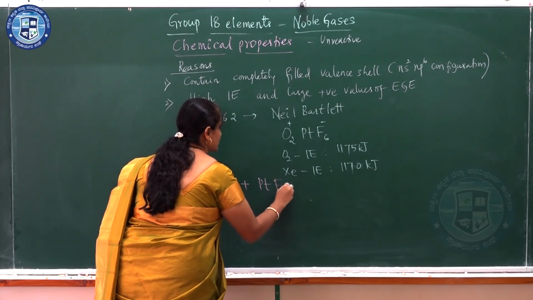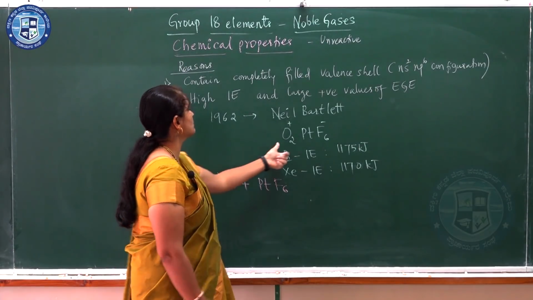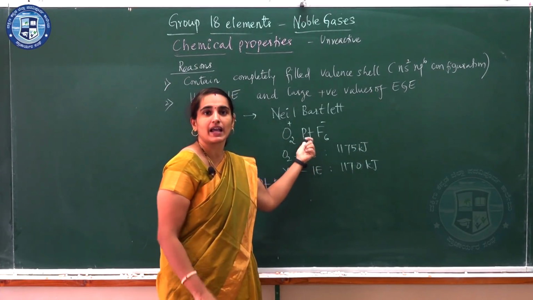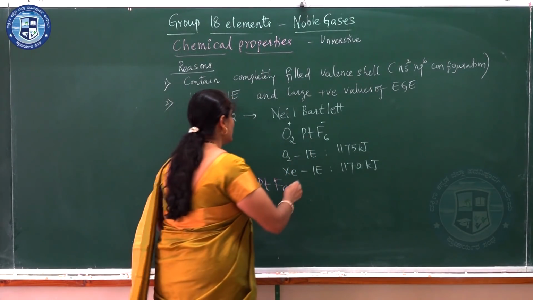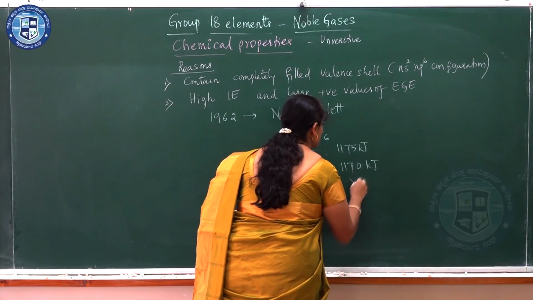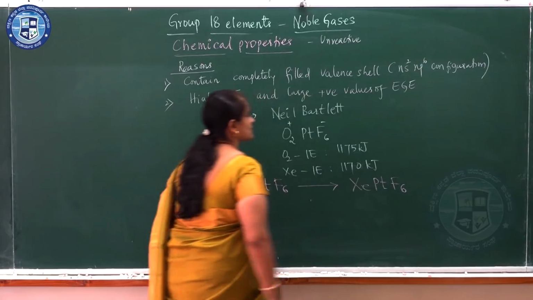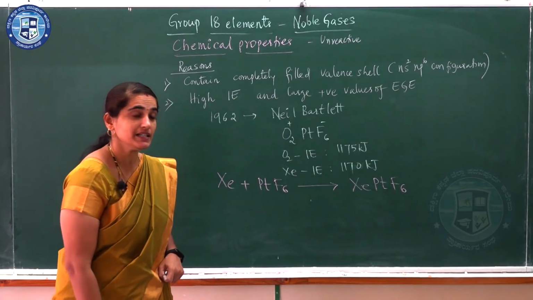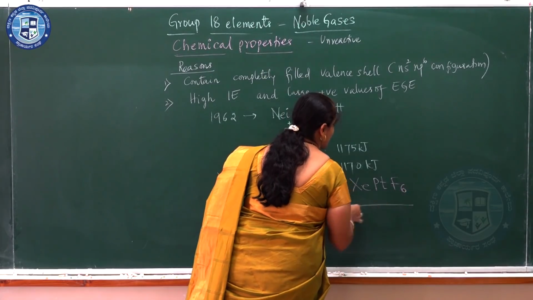Now he took xenon and made it react with platinum hexafluoride, PtF6. Taking oxygen gives that compound, so why not take xenon, replacing oxygen? And he was successful in obtaining a compound of xenon, which is nothing but XePtF6, xenon hexafluoroplatinate.